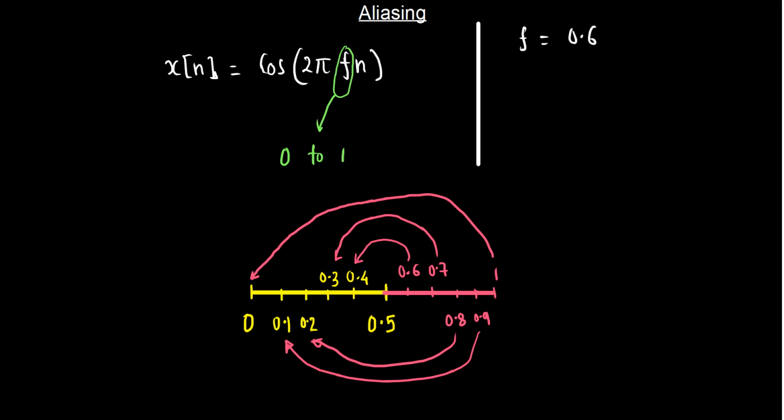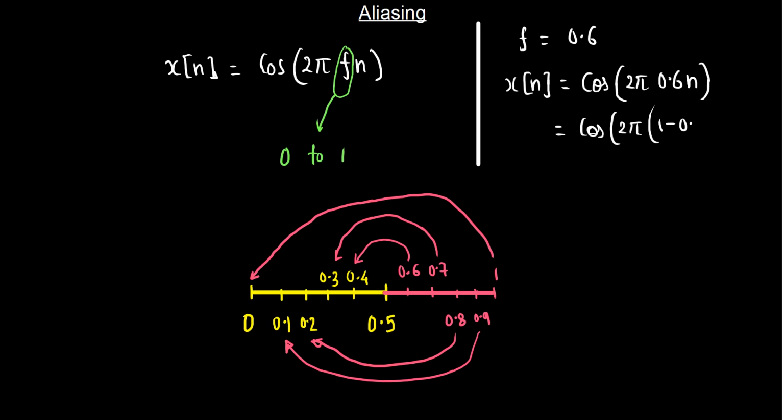So x of n becomes cos of 2 pi 0.6 n. We can represent that as cos of 2 pi (1 minus 0.4) n.